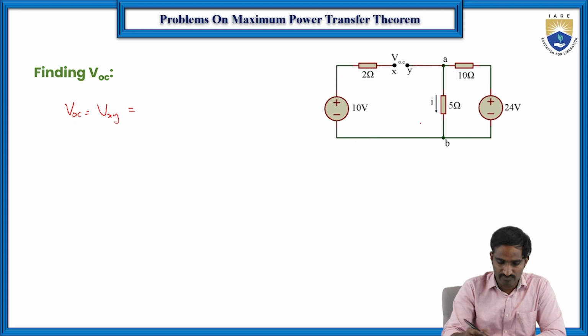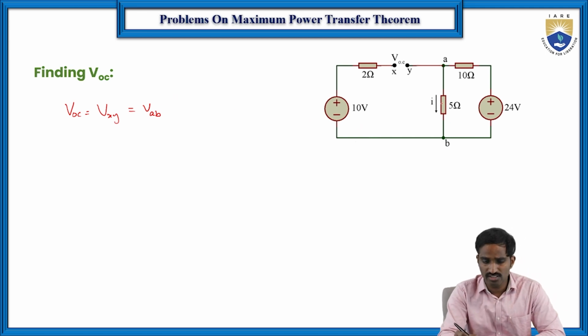VXY is equal to the voltage VAB and minus, because as you can see the current will flow from high potential to low potential. Here it is flowing this way, but here it is minus to plus. So we should consider the direction, suppose VOC is plus and minus.